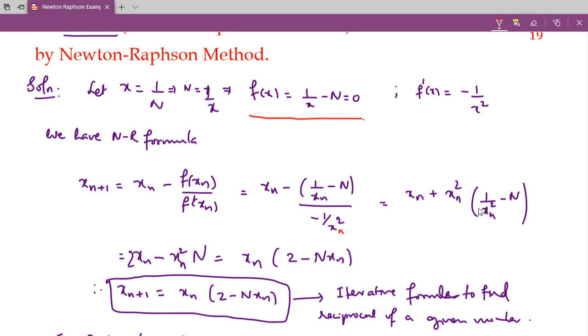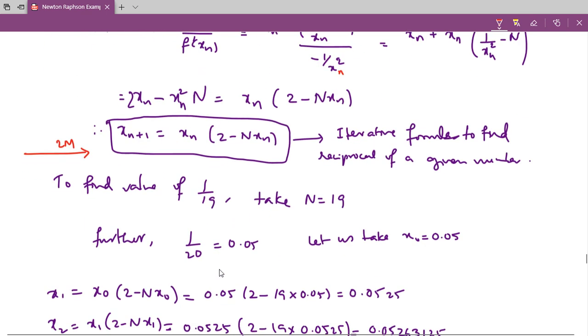So this is going to be the required formula, that is 2xn minus n xn square, and when you take xn common, this is going to be xn into (2 minus n xn). So we have the iterative formula to find the reciprocal of the given number. If only the formula is asked, then it is asked for 2 marks. Up to here, this is 2 marks.